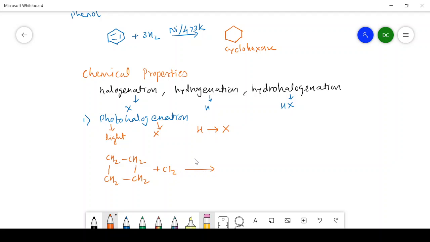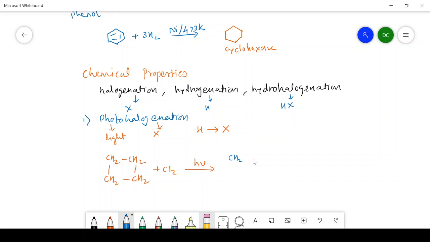So for light I will write hν, and in this reaction what happens? There are 8 hydrogens, out of which one hydrogen is replaced by chlorine. So suppose from these two hydrogens, one of the hydrogens is replaced.